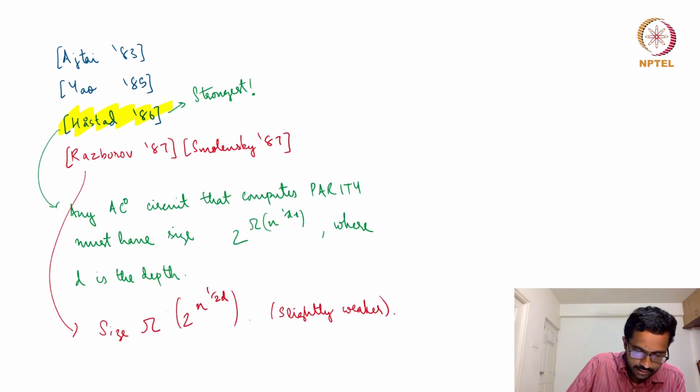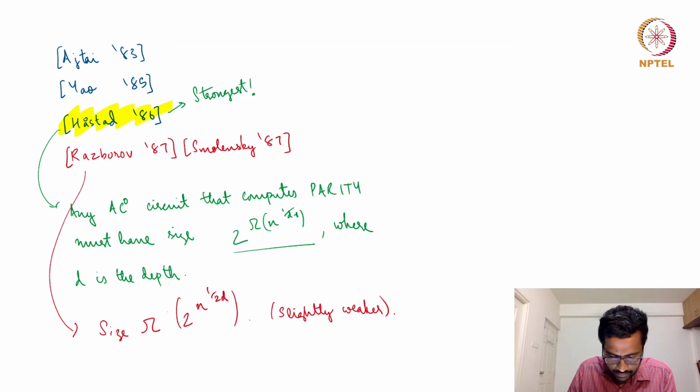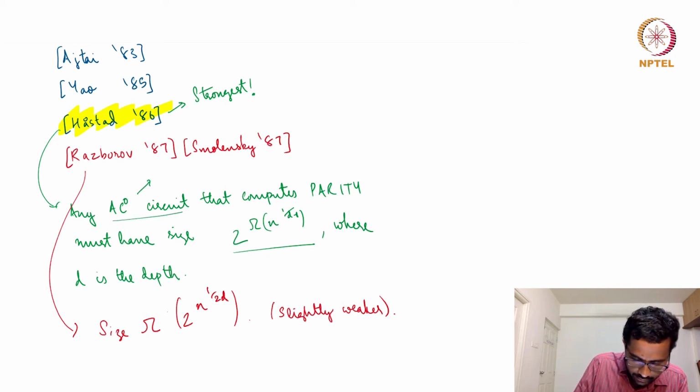So what Hostad says is that any AC0 circuit that computes parity must have size 2 power order n power 1 divided by d minus 1. Okay. So this itself is a bit of a strange statement, because AC0 implies polynomial. So by AC0 circuit I mean any, maybe I should just rewrite it.